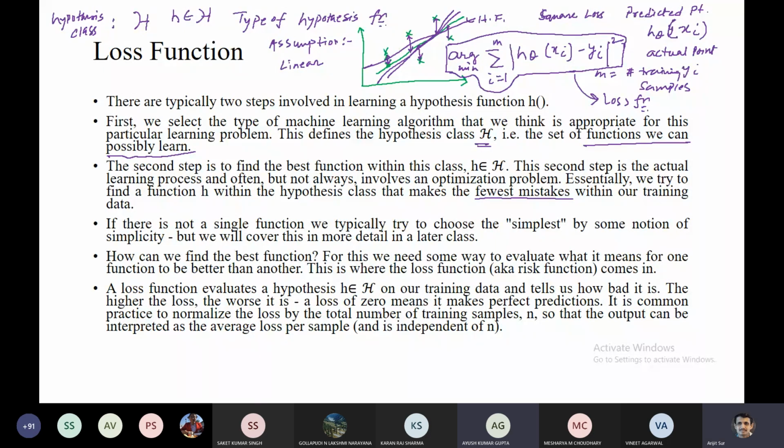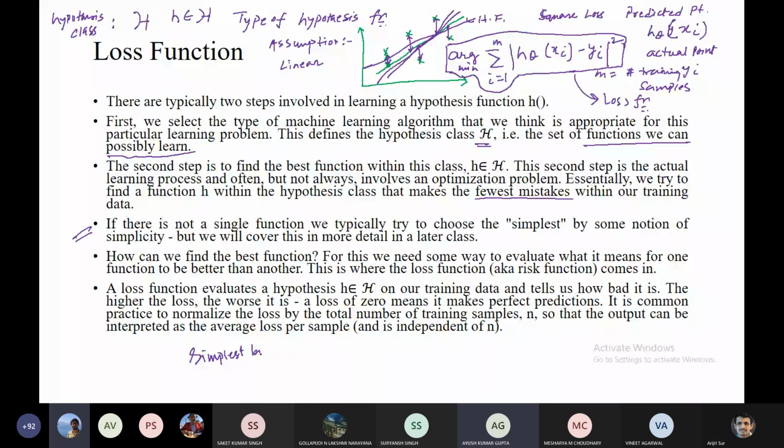If there is not a single function, we typically try to choose the simplest by some notion of simplicity, but this point will come later. One thing is important: simplest but accurate.